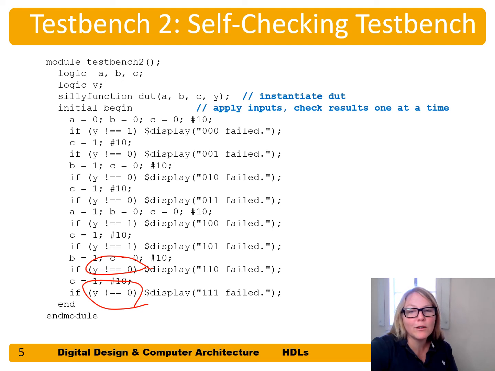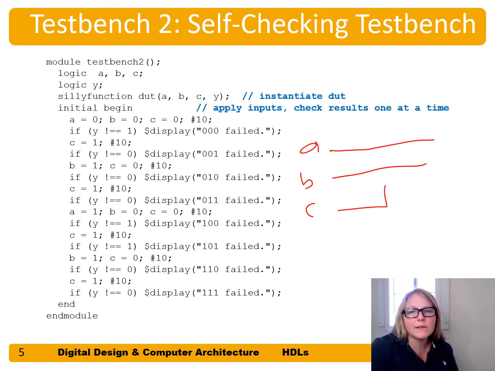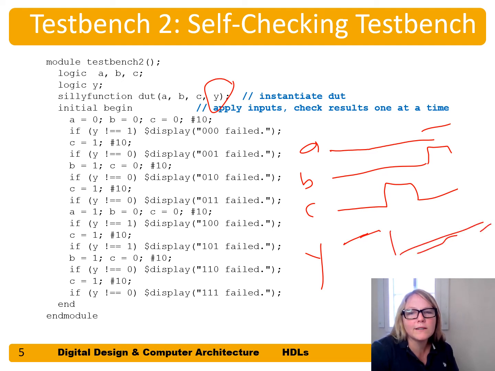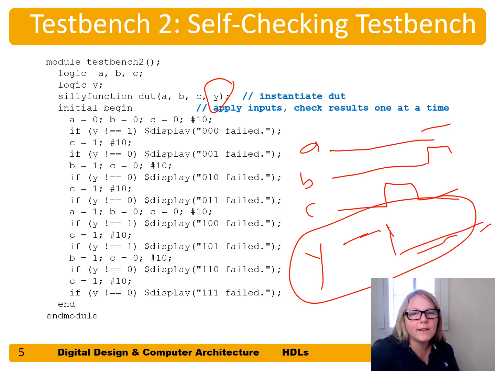So instead of having to go through the waveform and seeing, okay, for A, B, and C equal to 0, 0, 0, then 0, 0, 1, then 0, 1, 0, and then we have to look at what the output of the actual module did, and we see, hopefully we see it correspond to what we expect. Instead of having to go through and look at that, now we can have the test bench test for it.